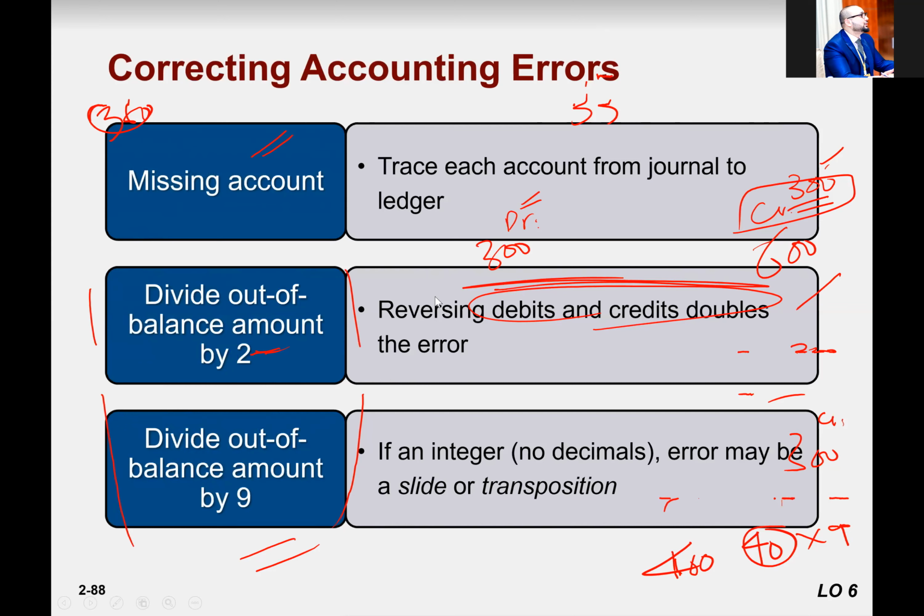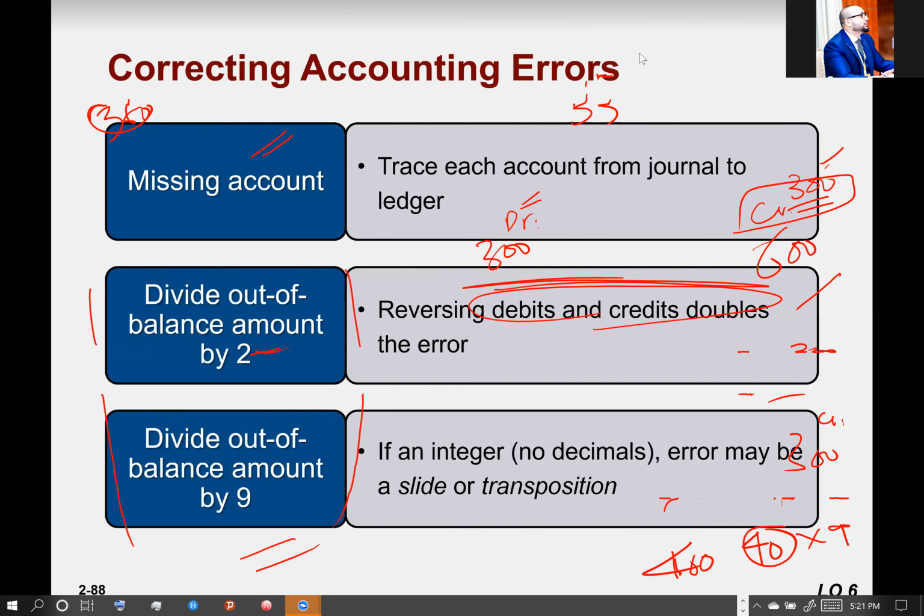If you understand the concept of debit and credit, then you can realize where we made a mistake, and then you cannot omit or delete the mistake. You need to adjust. For example, if you make an error, this is debit and this is credit.